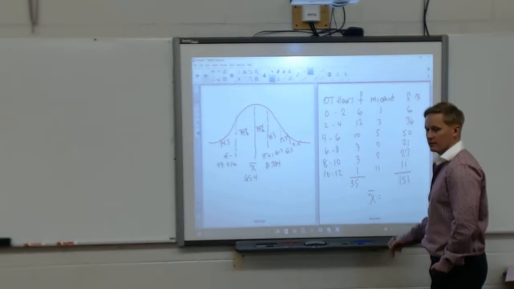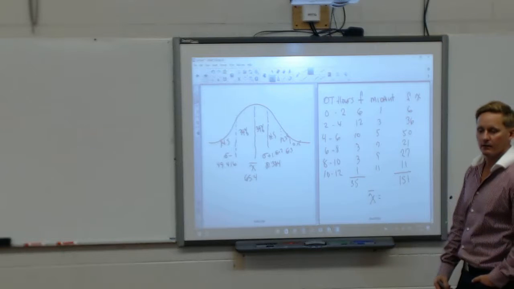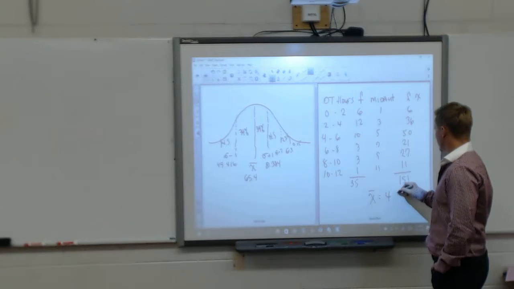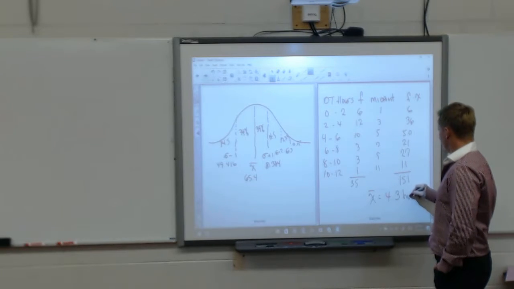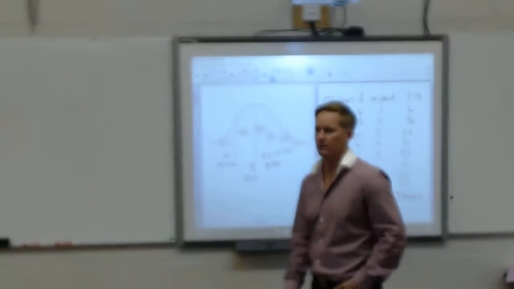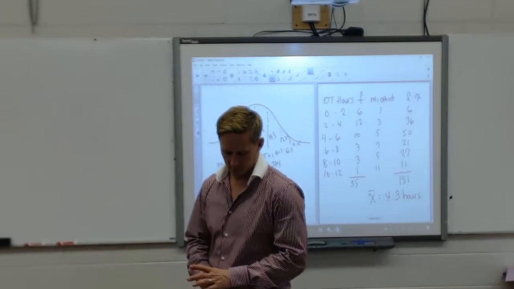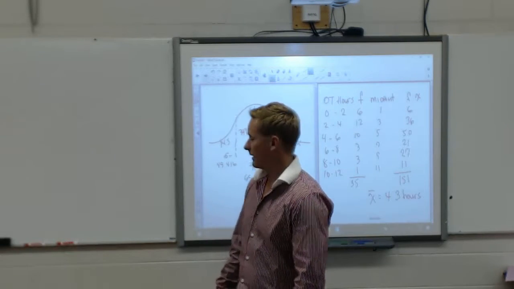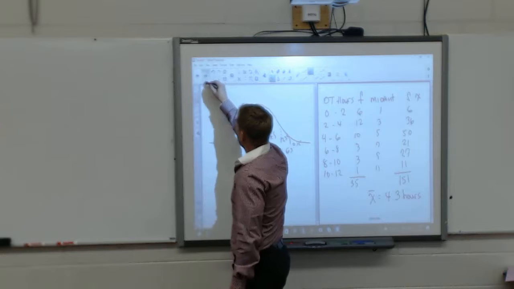Divide that by 35, that's right. And what does it work out to? There's my average, 4.3 hours. Okay? So far we all right? Okay, so that's just to find the average.